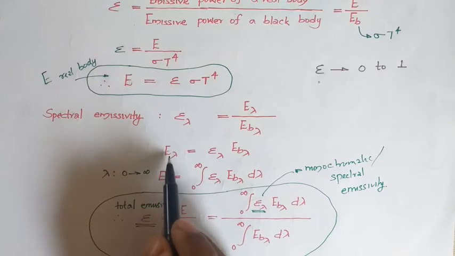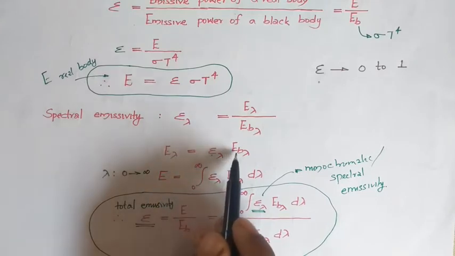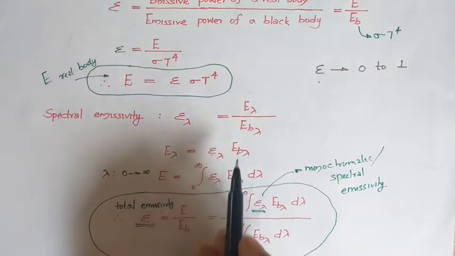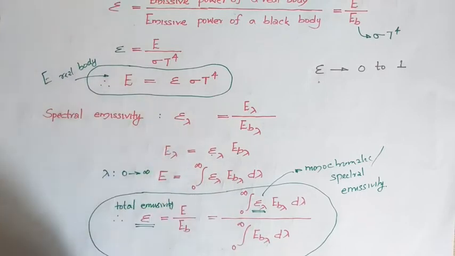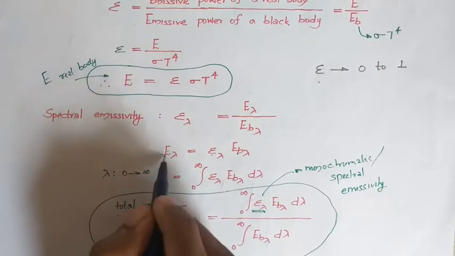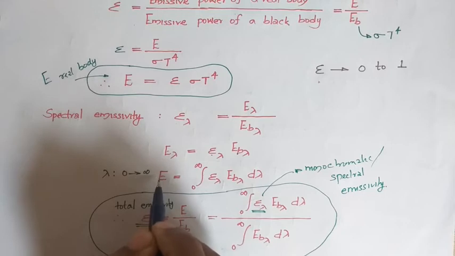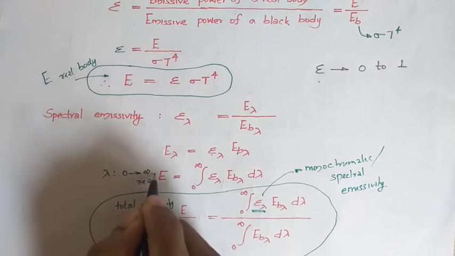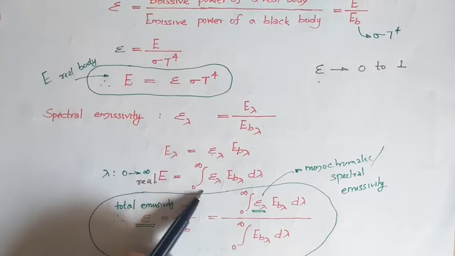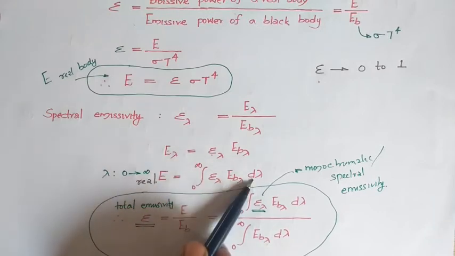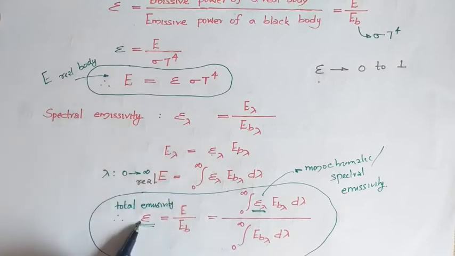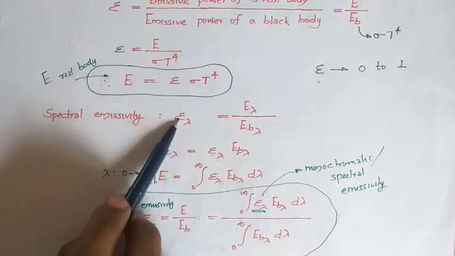So you can write E lambda equal to epsilon lambda into EB lambda, the monochromatic emissive power of a black body. From this you can find the total emissive power for that real body by integrating over the entire range, 0 to infinity, epsilon lambda EB lambda d lambda. And you can find the total emissivity if you have the monochromatic emissivity.